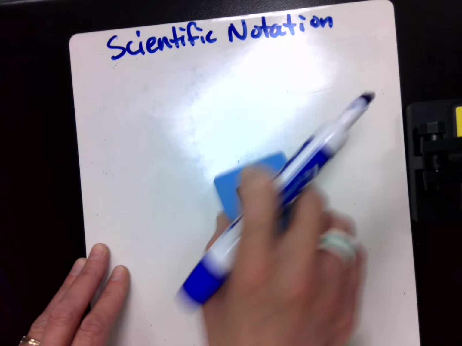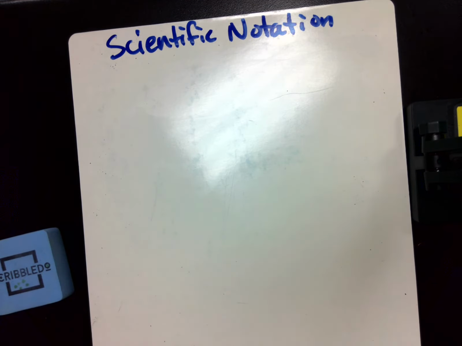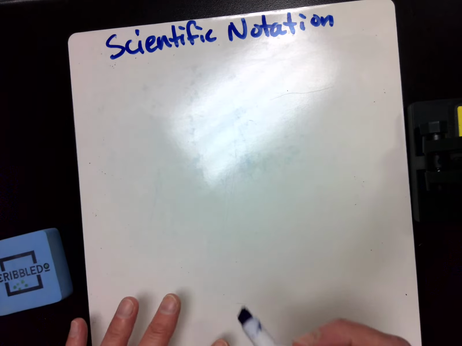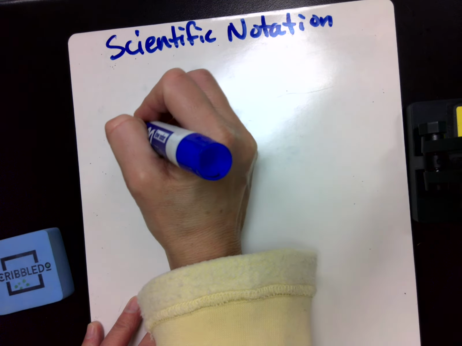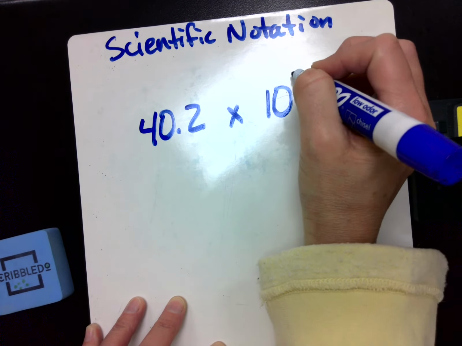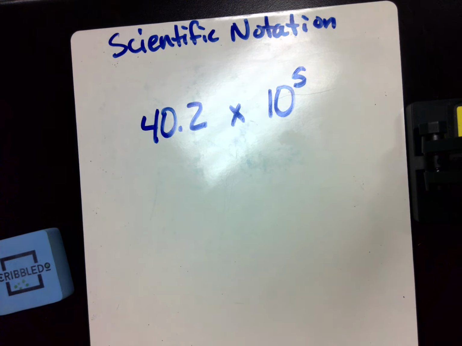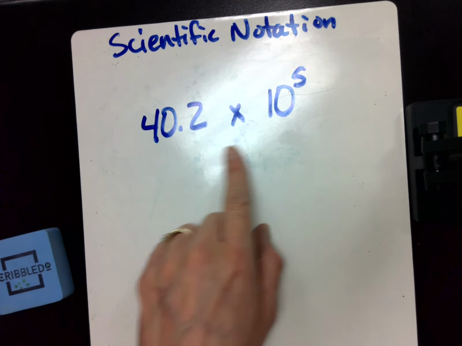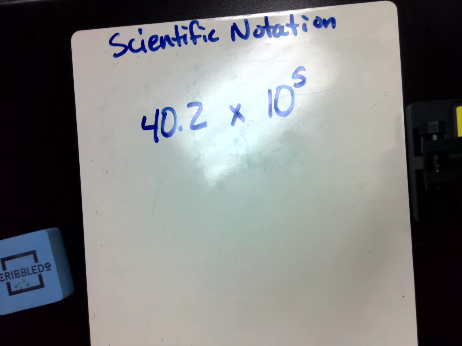The other thing that you're going to possibly run into on your homework is identifying if something's in scientific notation. So let me give you a few examples. If I have something like that, you'd have to figure out, is that really in scientific notation?